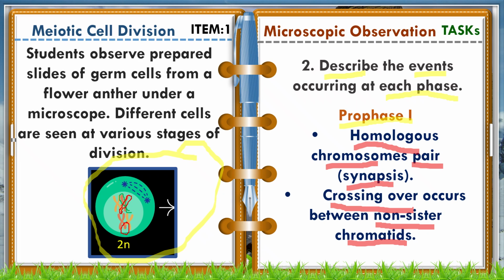That crossing point is what we are calling crossing over. These ones that are crossing over are called non-sister chromatids because they are coming from different chromosomes. So during prophase 1, that is when we have crossing over taking place between non-sister chromatids. Non-sister chromatids are chromatids coming from different chromosomes.